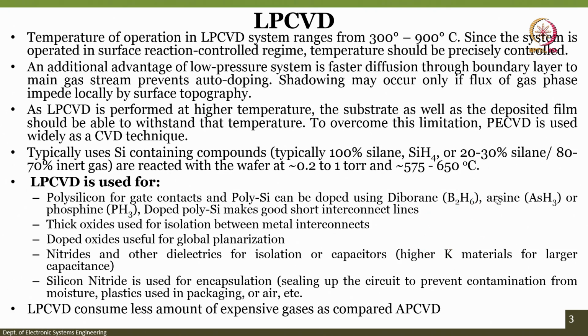Next one is, you can use it also as a masking layer. For example, if I have silicon dioxide that was grown and then patterned using photolithography, and then I have boron which is diffused through silicon dioxide and silicon, right.